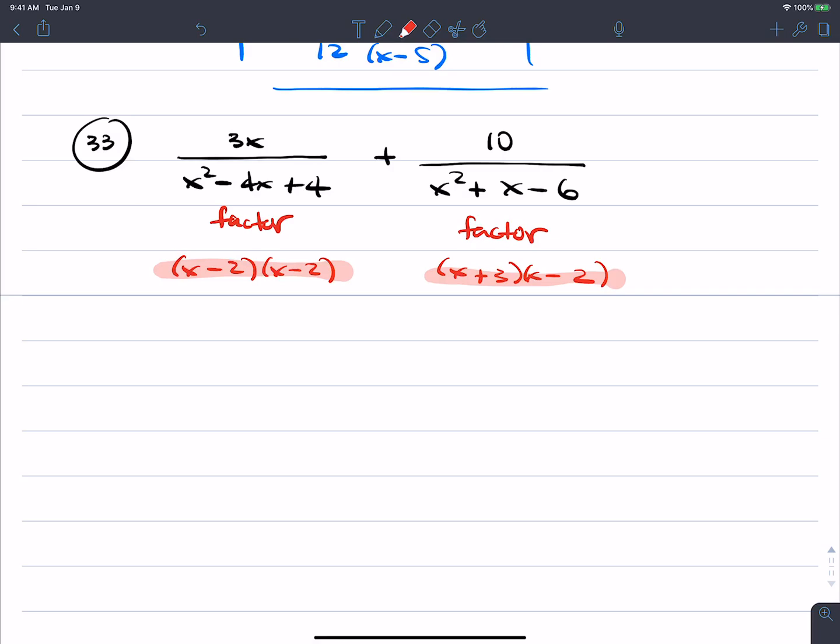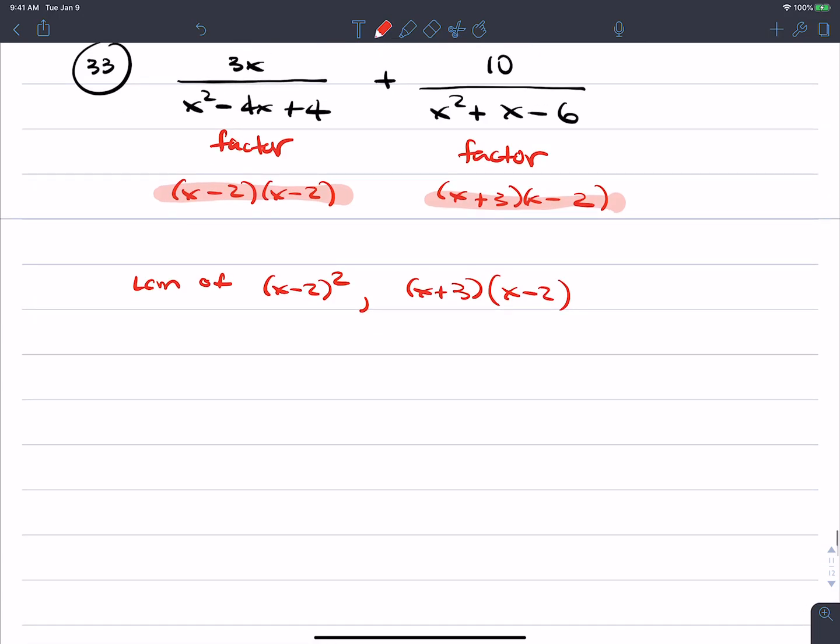Okay. Now, we can look at it this way. We need the LCM of x minus 2 times x minus 2, which is x minus 2 squared, and you have x plus 3 times x minus 2. So we can find the LCM of these terms very simply.